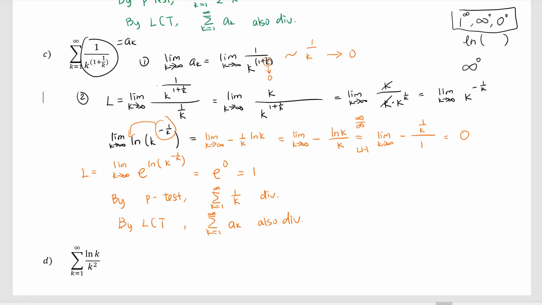If it's 0, it's inconclusive, go to the next step. For the limit comparison test, we just care about whether this is 0, infinity, or a finite number. It could be any finite number, 1, 2, 3, 4, 5, 6, 1,000, 1 million. As long as it's a finite number, then both series either both converge or both diverge.